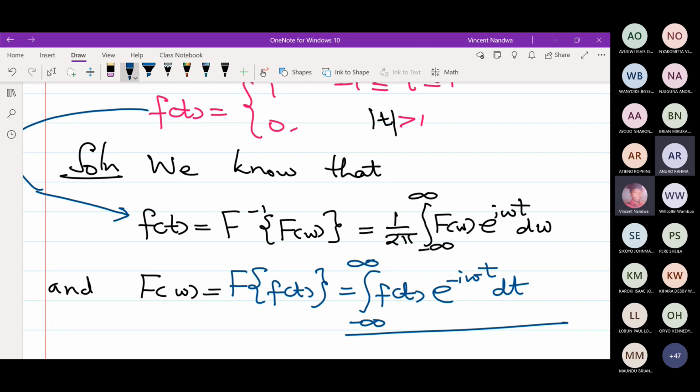So the work will be to find f of omega. Once we get f of omega, then we come and replace it here. By doing that, we will have found the Fourier integral representation of the given function f of t.